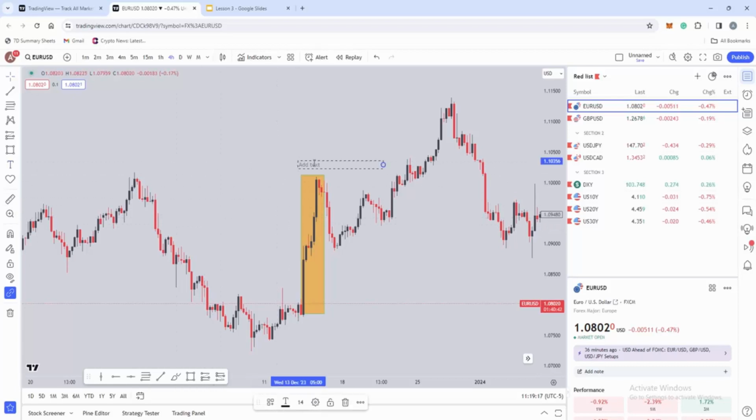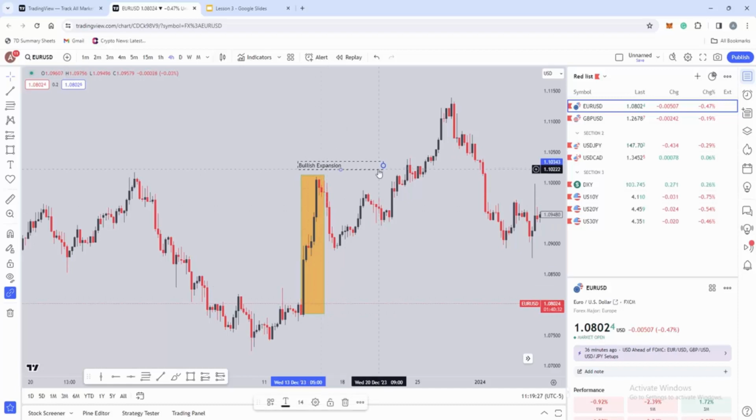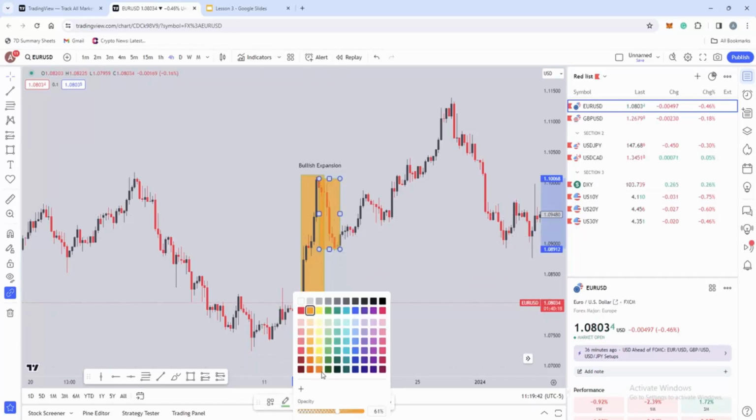So this is our bullish expansion. This price is heavily repricing higher. It's just going one way up. So that's why that's our bullish expansion. And then this part here would be our retracement. And everything links together. So just change the color of this.